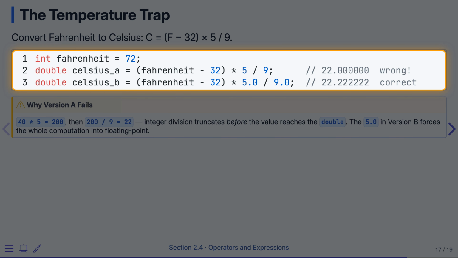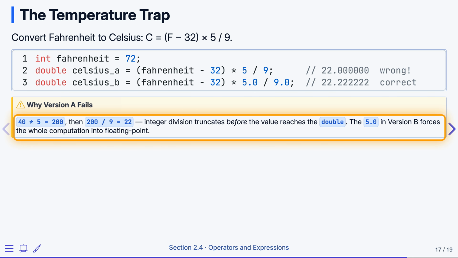Here is a classic trap. We convert 72 degrees Fahrenheit to Celsius. The formula is (F - 32) * 5 / 9. Version A uses whole numbers. Version B uses floating point numbers. Let's see why version A fails. Fahrenheit minus 32 is 40. 40 times 5 is 200.